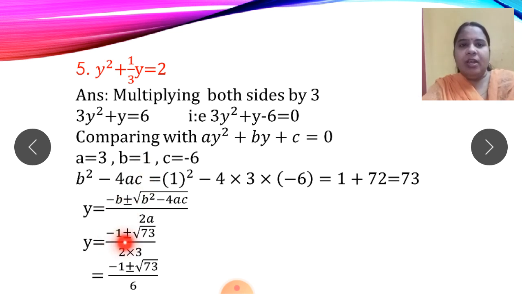So minus 1 plus or minus, what is b square minus 4ac? 73. 2 into, what is a? 3. 2 into 3. Okay. So at the most what can be done after this? Since 73 is a non-perfect square, it will be left as it is here. You can do 2 3s are 6 in the denominator. So you have got y is equal to minus 1 plus or minus root 73 upon 6.